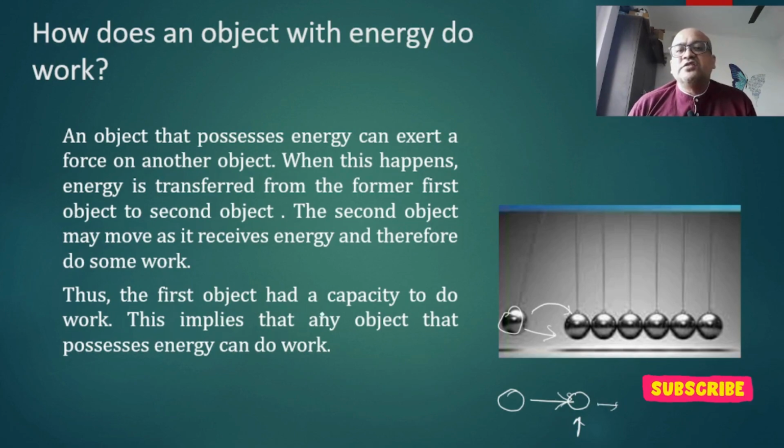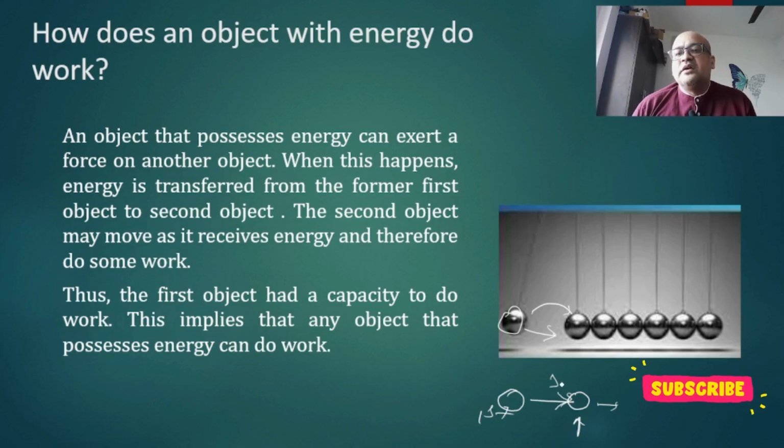So the first object has the capacity to do work. This implies that any object that possesses energy can do work. So any object which has got energy can do work. The hammer was there. The hammer possesses energy, so that can do work, right?